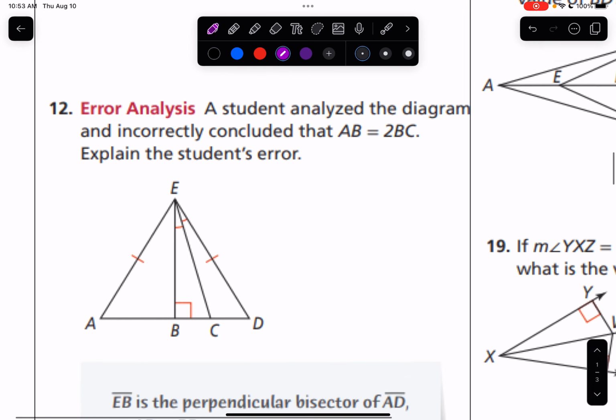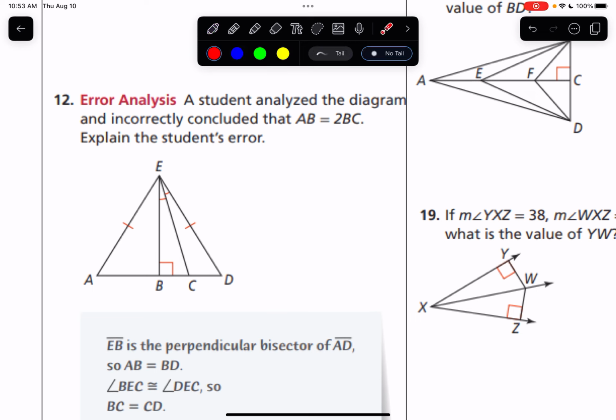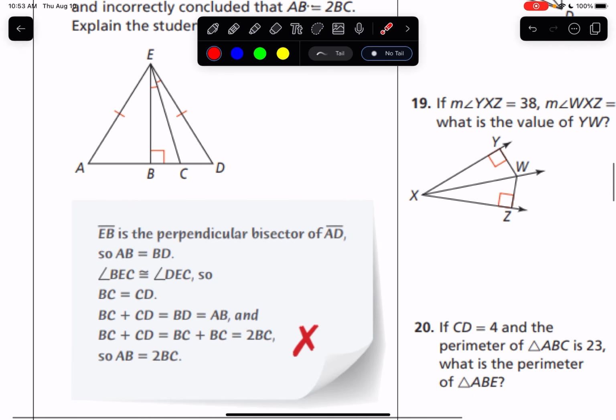Number 12, a student analyzed the diagram and incorrectly concluded that AB is equal to 2BC. They're saying that this line is twice as long as this line. Explain the student's error. So they said EB is the perpendicular bisector of AD. So AB is equal to BD.